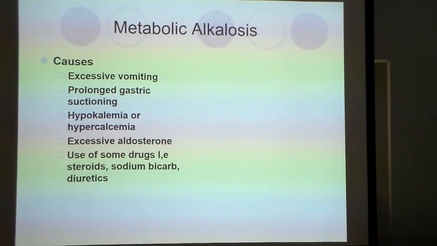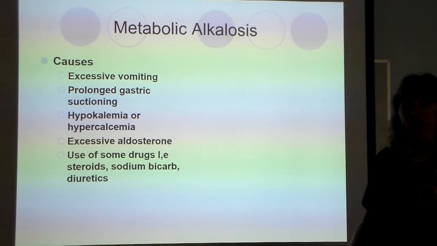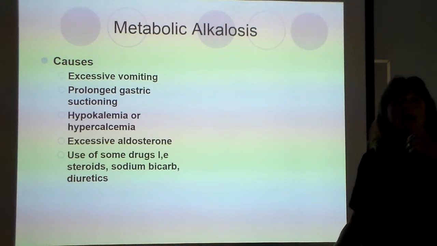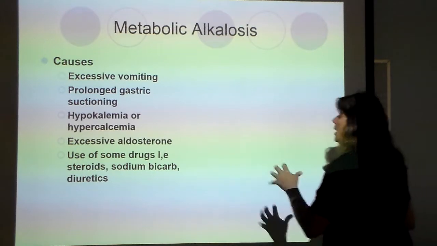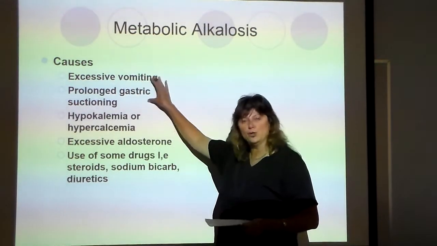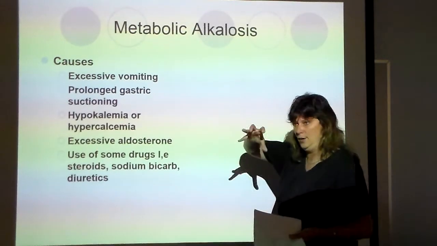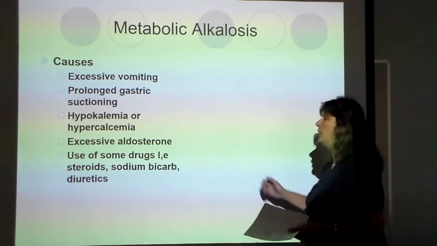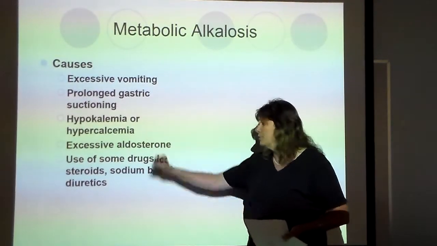We see metabolic alkalosis with excessive vomiting. Gastric juices are acidic. When we suction them off with NGs or patients vomit heavily, prolonged gastric suctioning, we lose that gastric acid, and therefore the pH is affected, okay? It's going to become alkalotic. We also see it with hypokalemia, low potassium or high calcium levels, okay?